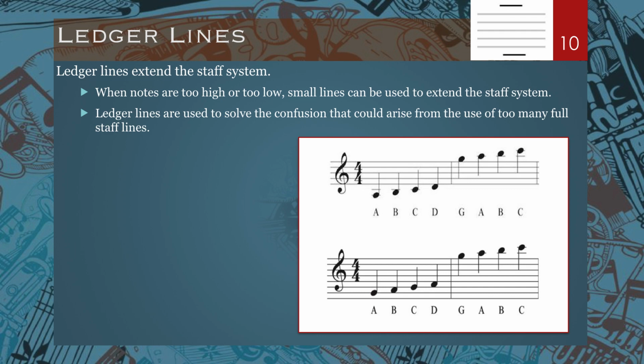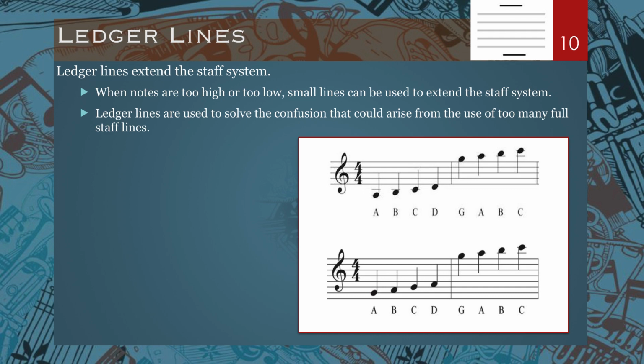Here's an example of how ledger lines might work in practice. In the treble clef, you've got the notes A, B, C, D, and then above the staff, G, A, B, C. You see how you just add a ledger line with each new note to go lower or higher?